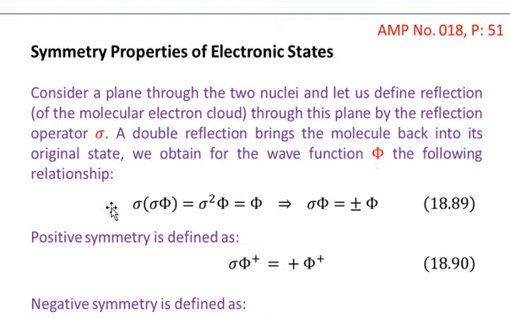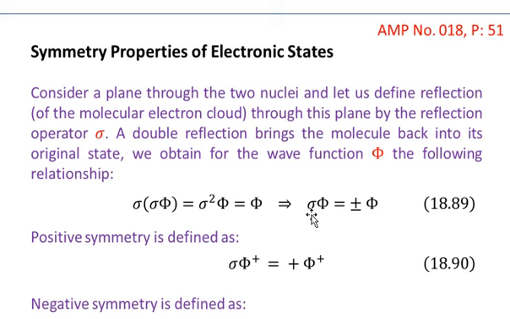The following relationship is demonstrated over here. You see that here I am using two reflection operators, two sigma, on the original wave function phi of the molecule. So this can be written as sigma squared operating on phi. And since sigma squared operating on phi brings the phi back to its original position, on the right hand side over here I have written the original phi.